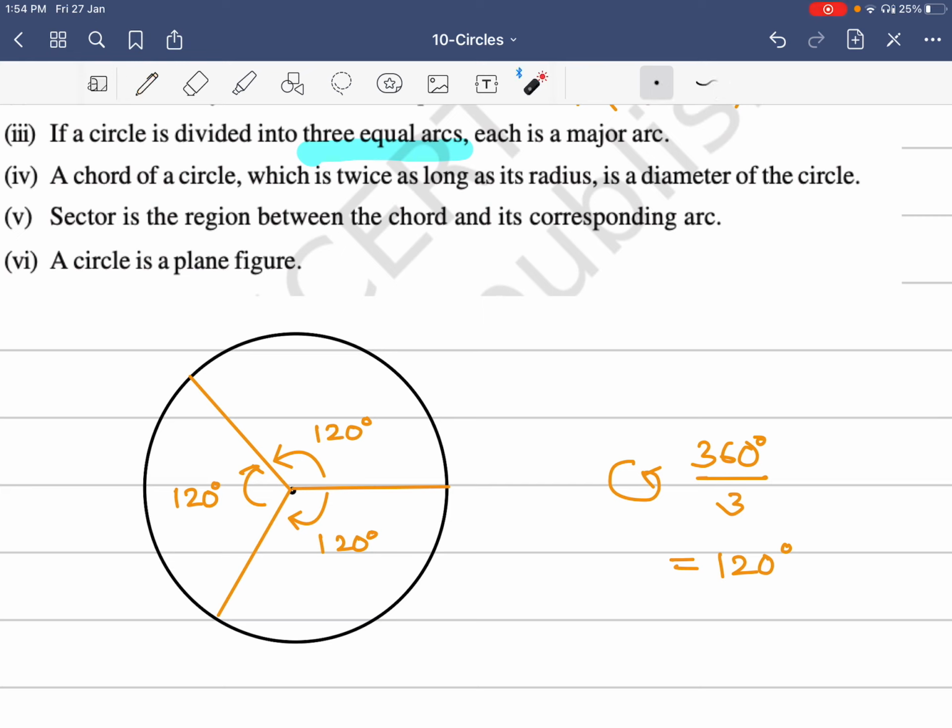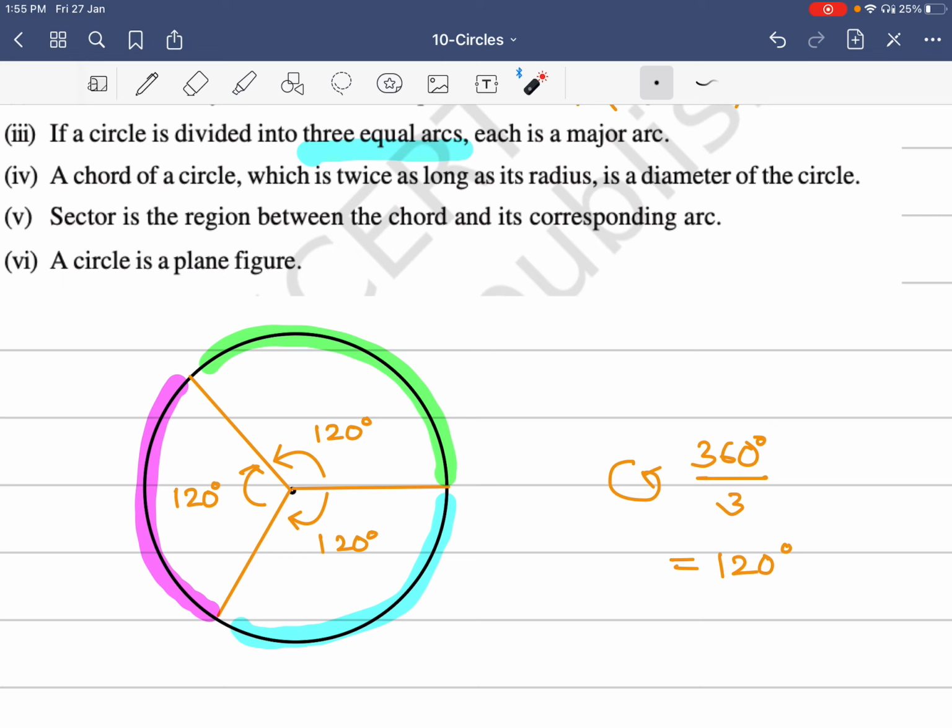As you can clearly see, this is one arc, this is another arc, and this is our third arc. Three major arcs, and all three are equal in length.